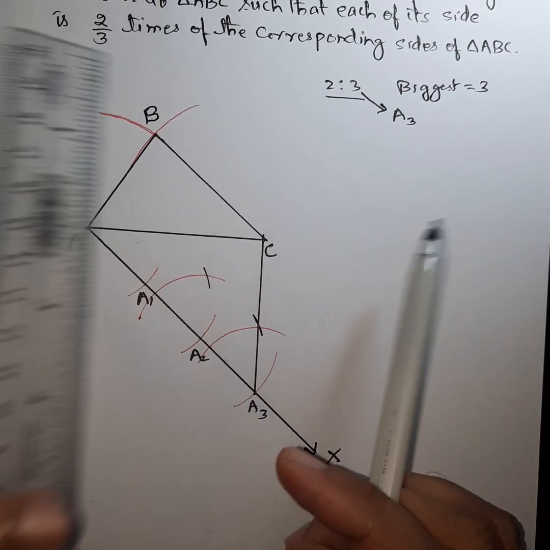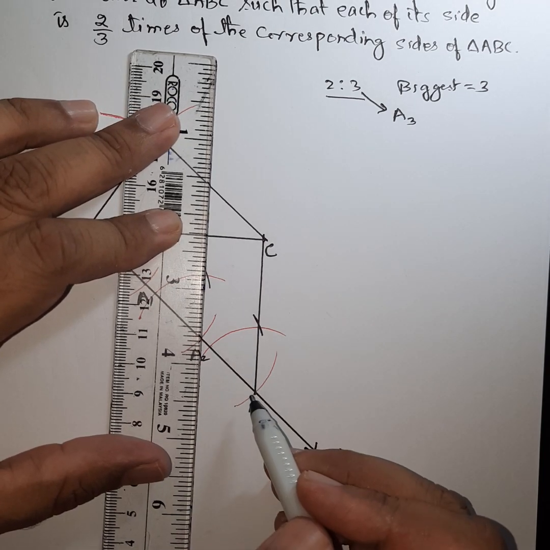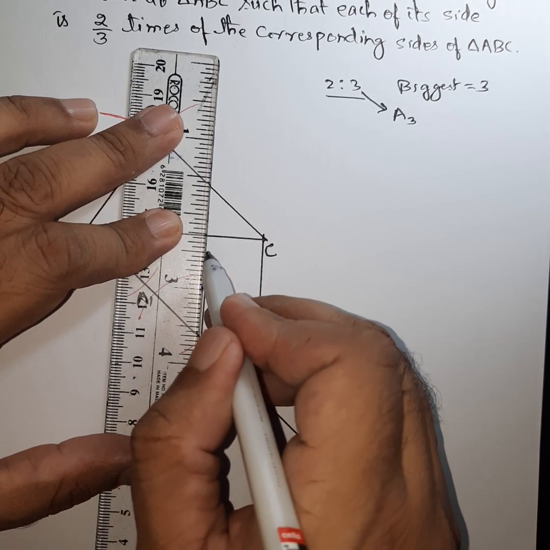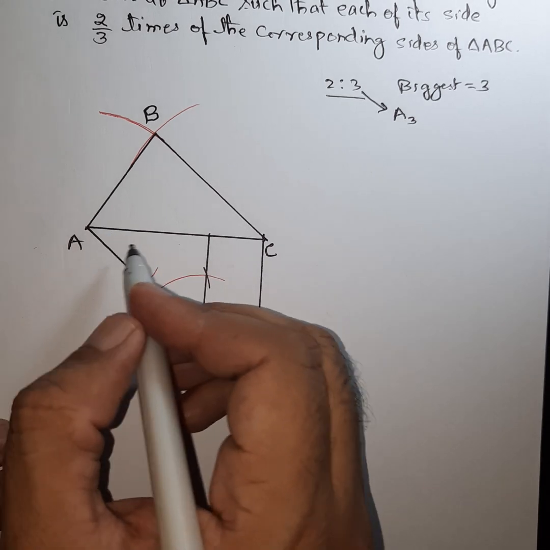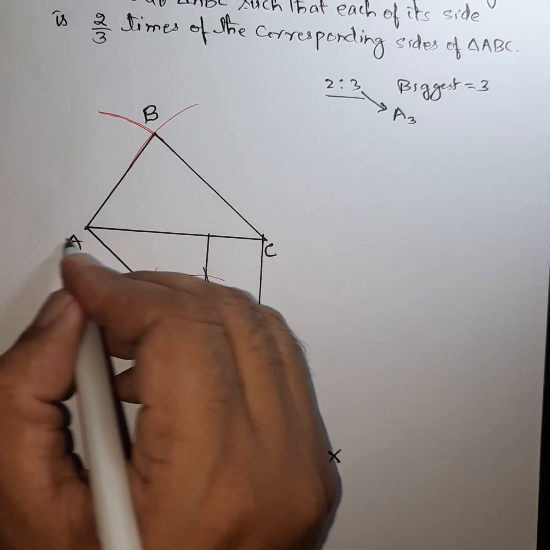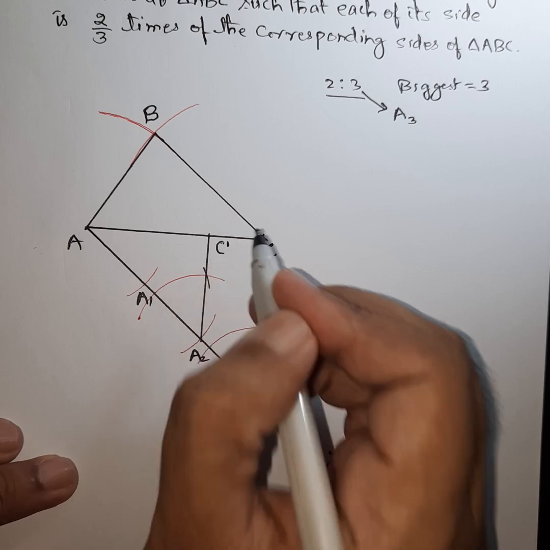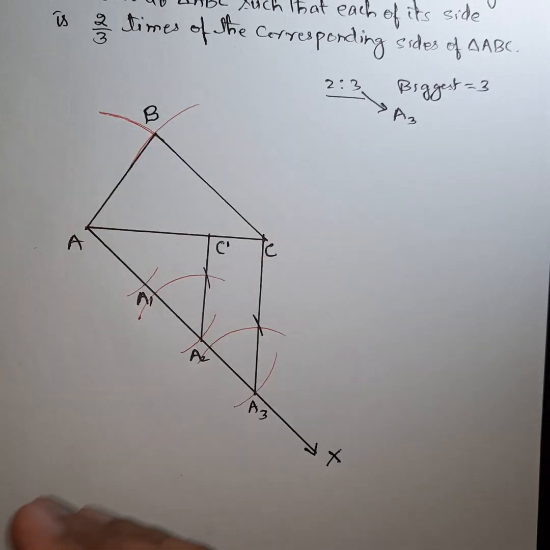Now draw the straight line, but check that it should be parallel to A3C. You can see that it is passing through and it is parallel to A3C. So this point on AC you can call C dash. Now again draw a parallel line to BC.